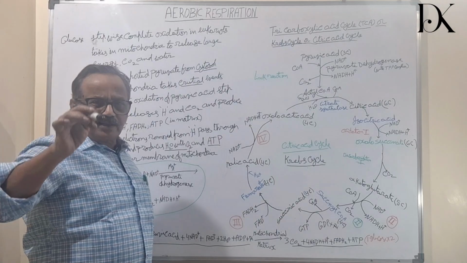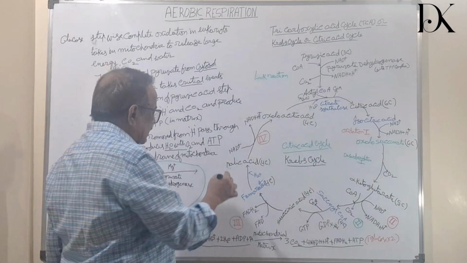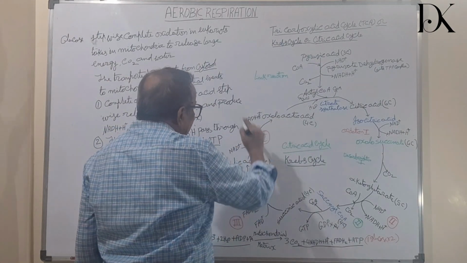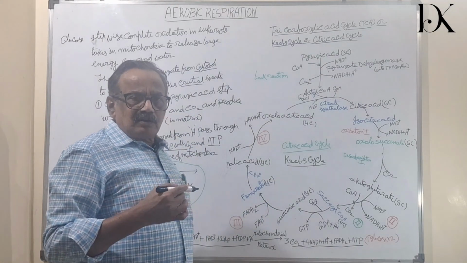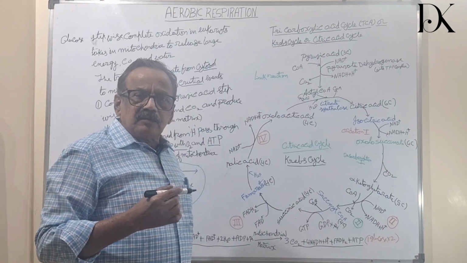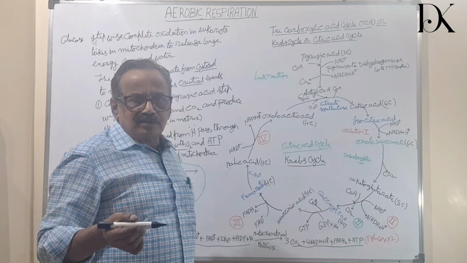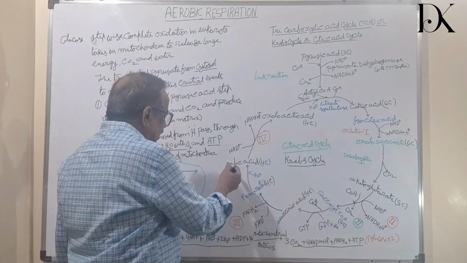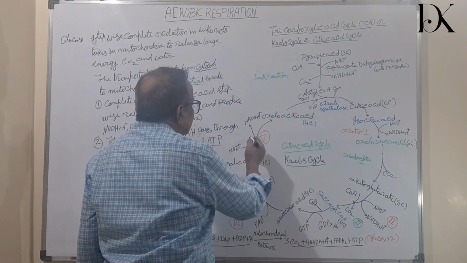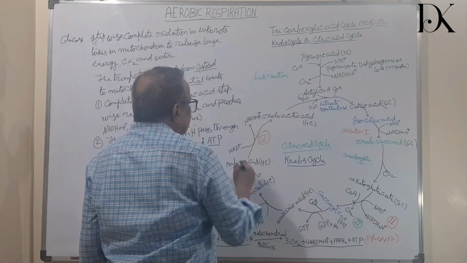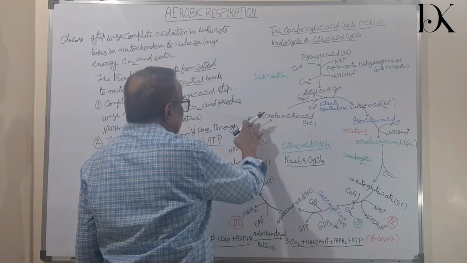That I discussed there; it is not necessary here, because here it is giving out, and there it is taking inside. That is the reason. So if you give the same question, you will feel it is out of syllabus. But here, malic acid, when converting to oxaloacetic acid, is oxidizing and producing NADH plus H.